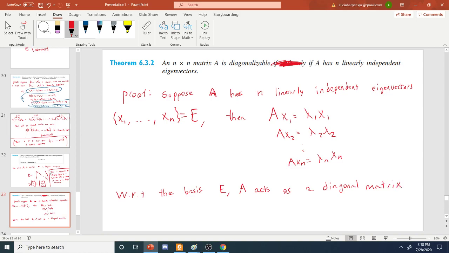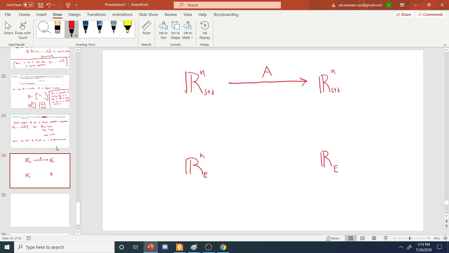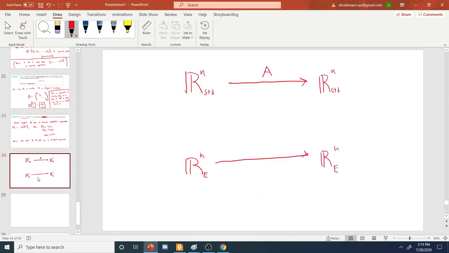So let's consider the following diagram. We have Rn with the standard basis, and we have our matrix A. And then we have our basis E, which we've just talked about. And so we can talk about coordinate vectors with respect to the basis E. And from this computation right here, we see that A acts as a diagonal matrix with respect to this basis.